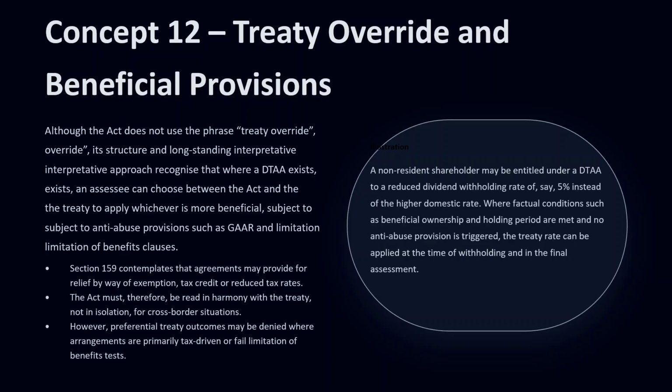Many DTAAs contain various anti-avoidance features, such as limitation of benefits articles and the principal purpose test, and the domestic Act itself contains GAAR and specific anti-abuse provisions that may deny treaty benefits where the primary purpose of an arrangement is to obtain a tax benefit only.